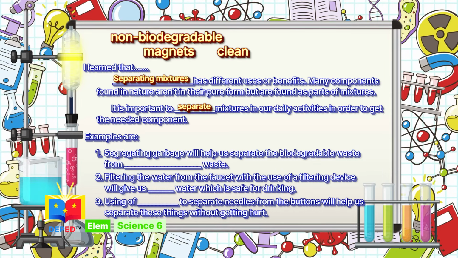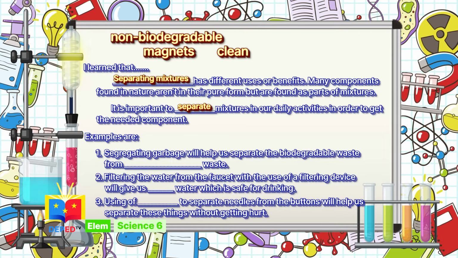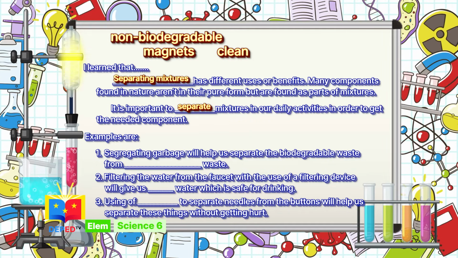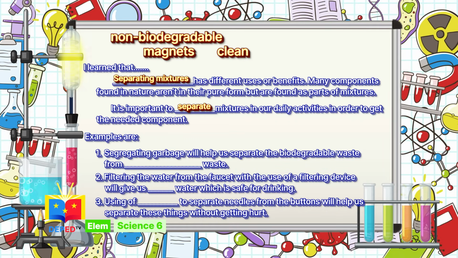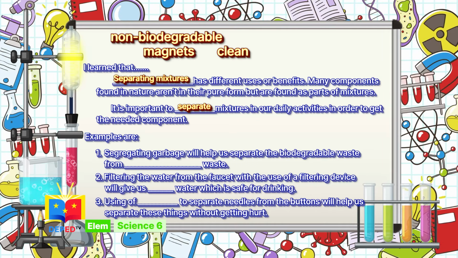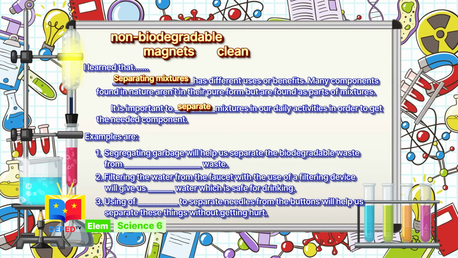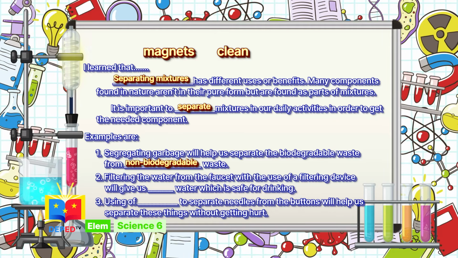Examples are: Number 1. Segregating garbage will help us separate the biodegradable waste from non-biodegradable waste.